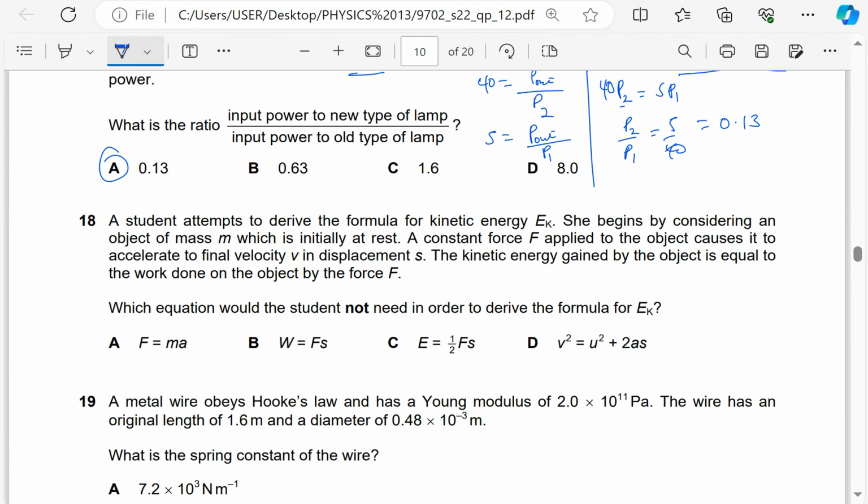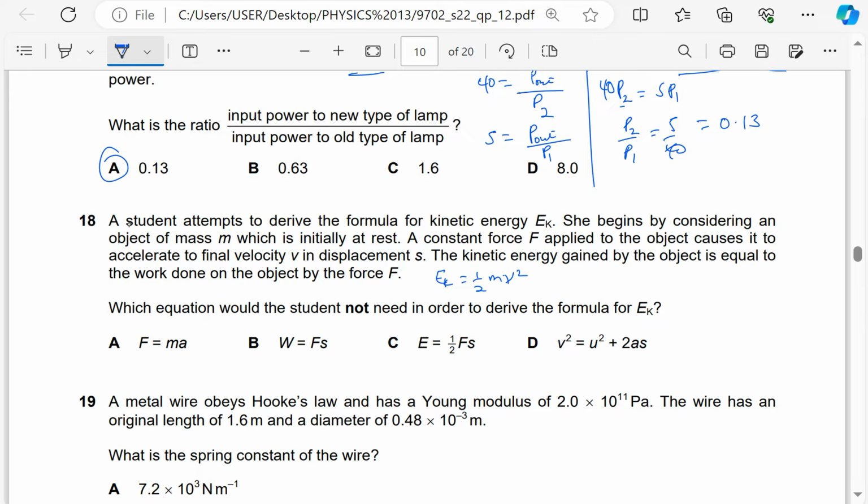A student attempts to derive the formula for kinetic energy, EK. Of course, we know kinetic energy is equal to a half mv squared. She begins by considering an object of mass m which is initially at rest, initial velocity 0. A constant force F applied to the object causes it to accelerate to final velocity v in a displacement s.